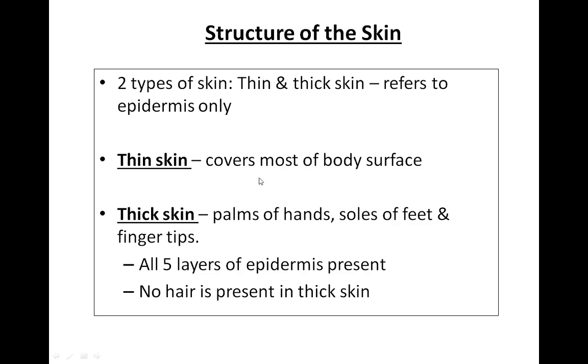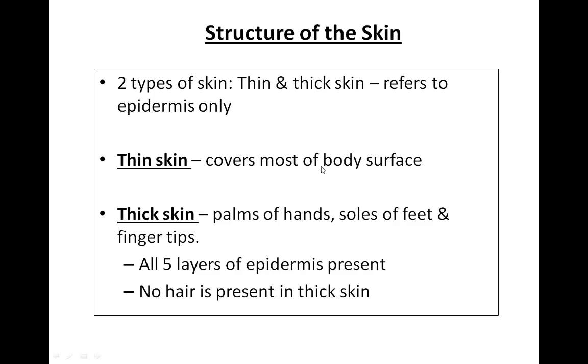I will discuss that. In thin skin, the dermis will be thicker, while in thick skin, the dermis will be less thick. Just see the contrast. In thin skin, the epidermis is thin and the dermis is thicker, while in thick skin, the epidermis is thicker and the dermis is less thick. Clear?